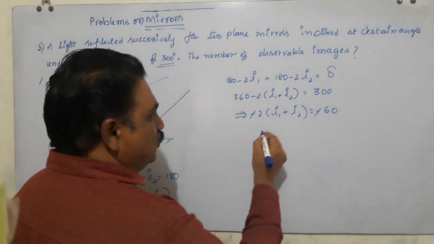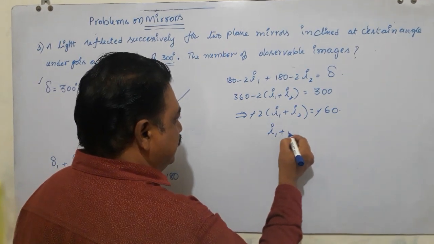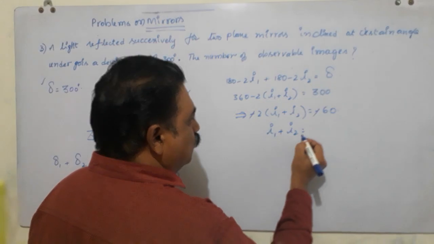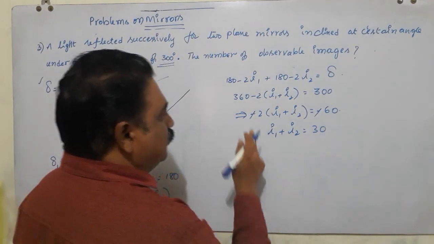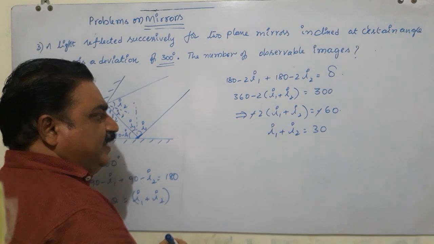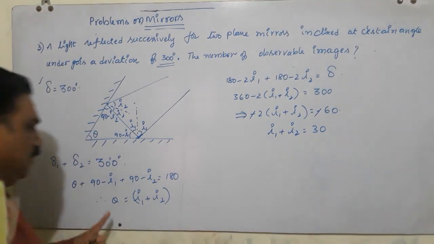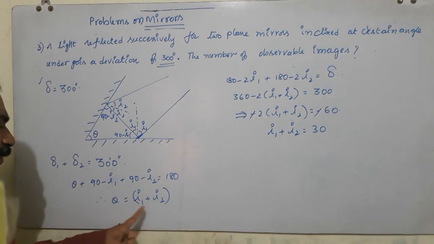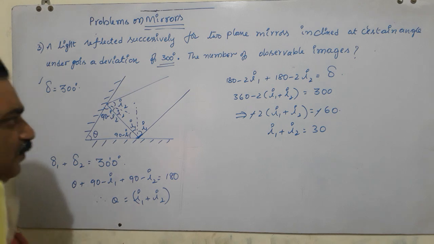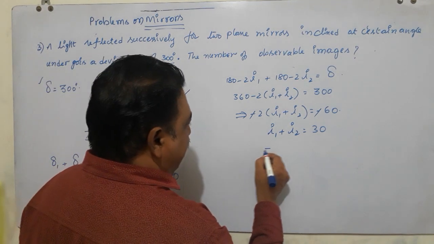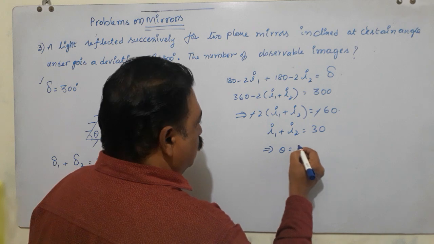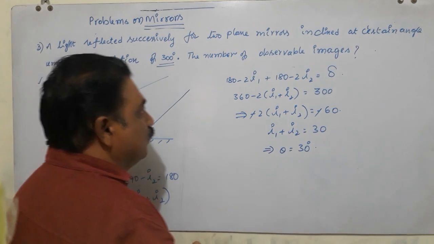Minus cancels, so I1 plus I2 is equal to 30. Here, this I1 plus I2 is nothing but theta. That implies theta is equal to 30 degrees.